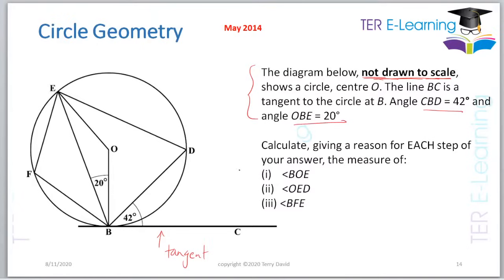So the first part of the question is this part here, where they want us to calculate angle BOE. So you go to the diagram and you try to figure out what angle they want. They want BOE, which is this angle here.